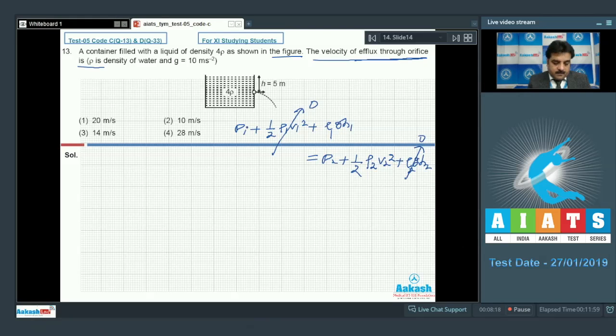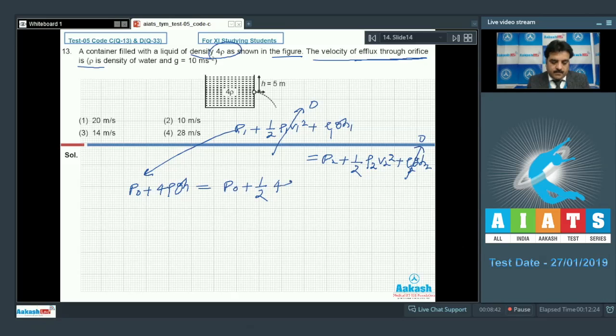So finally I have P1 plus rho g h1 equal to P2 plus 1 by 2 rho V square. P1 is atmospheric pressure P naught plus, because the liquid density is 4 times rho, 4 times rho into g h. On the right hand side, P naught plus half rho V square.